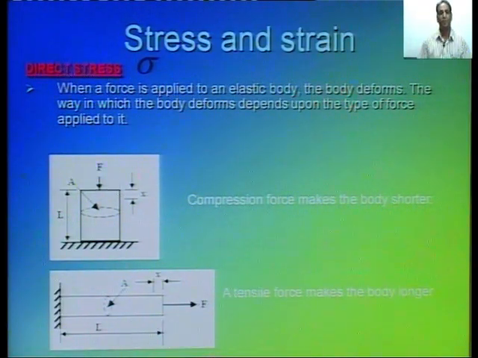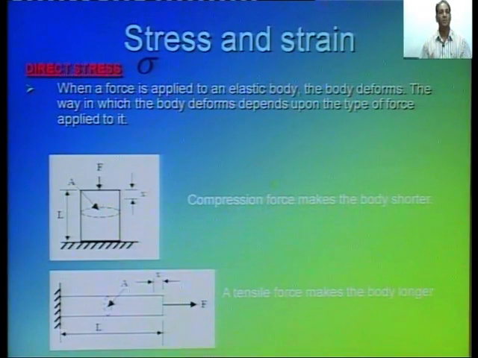The body regains its original shape after the removal of the force, due to the internal resistance offered by the body. This internal resistance offered by the body per unit cross-sectional area is called stress.